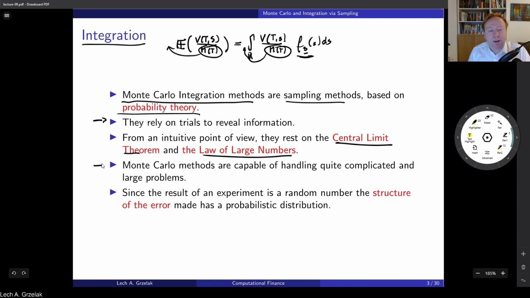What is the biggest advantage of Monte Carlo sampling and Monte Carlo techniques, and this is also why it was used initially almost 100 years ago, is that the technique is very simple in the way that it can be applied simply to highly dimensional problems. So in finance, maybe we are not dealing with 50 or 100 dimensions.